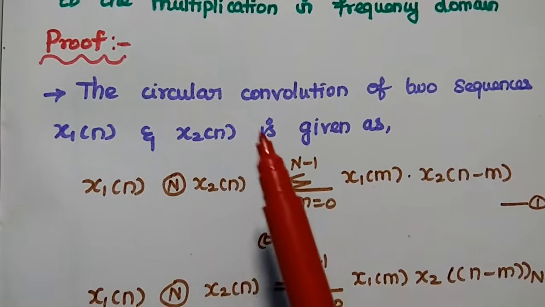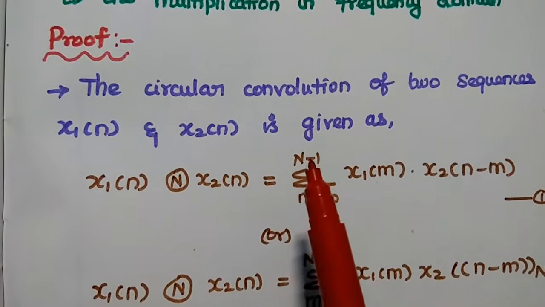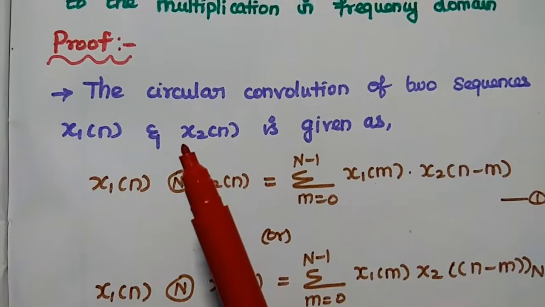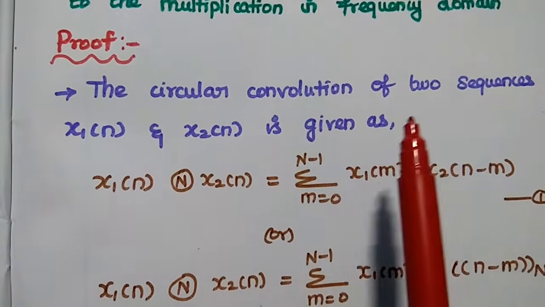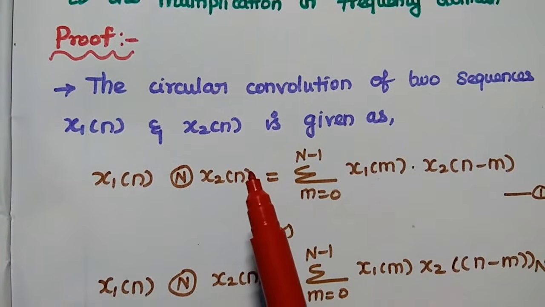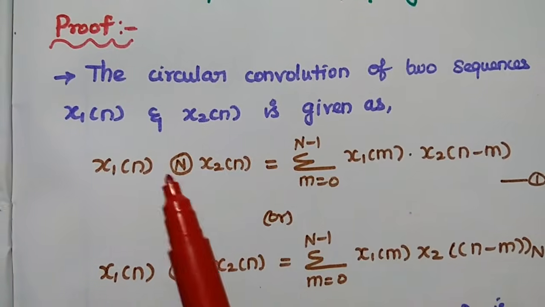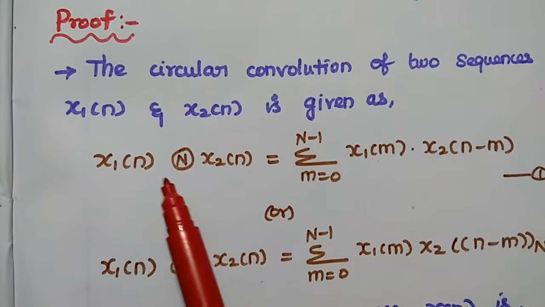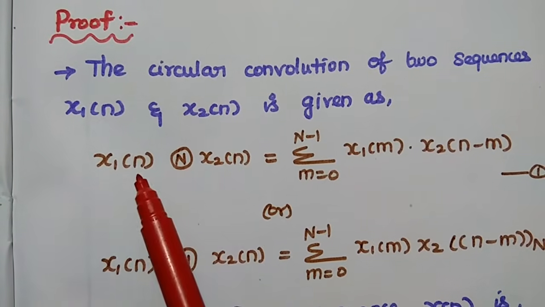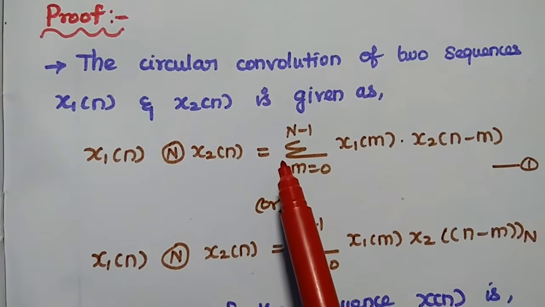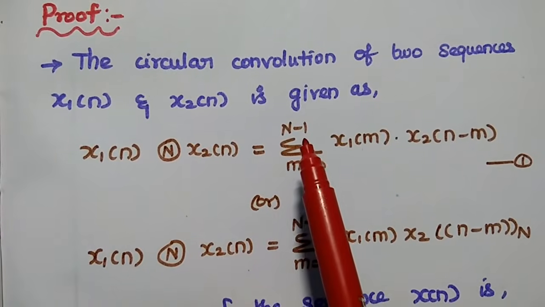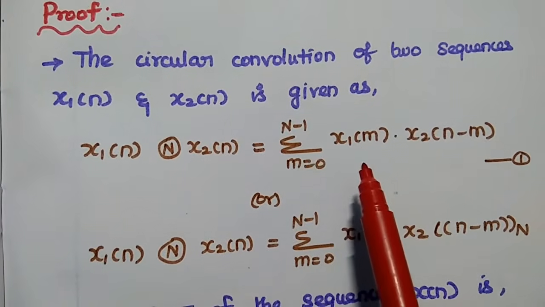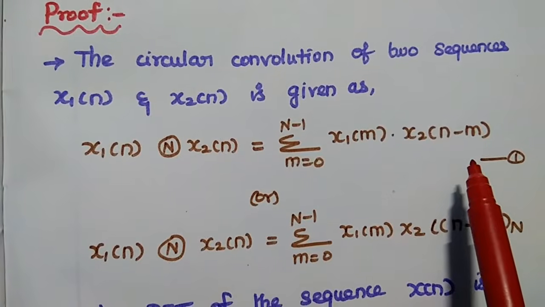First we have to consider the formula of circular convolution. The circular convolution of two sequences x1 of n and x2 of n is given as this, where the circle represents circular convolution. The circular convolution of x1 of n and x2 of n is equal to summation m equal to 0 to N minus 1, x1 of m x2 of n minus m.